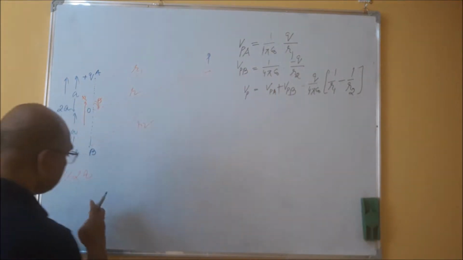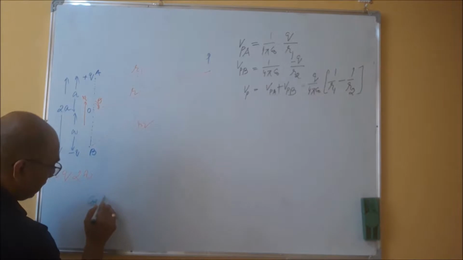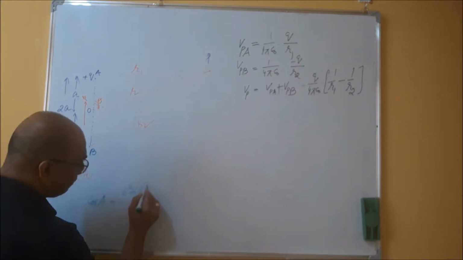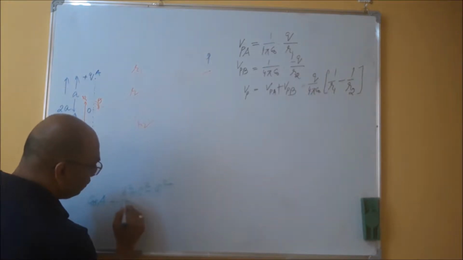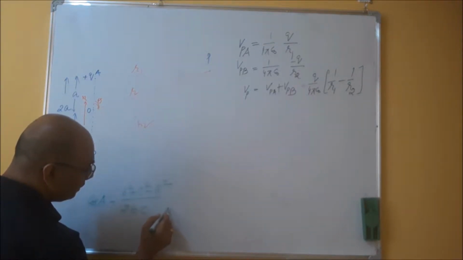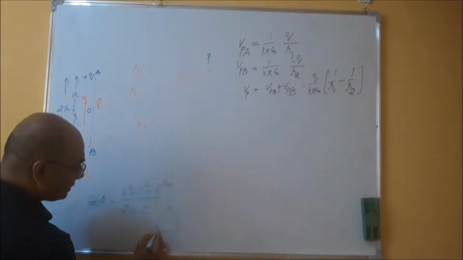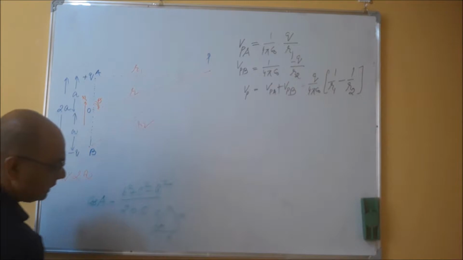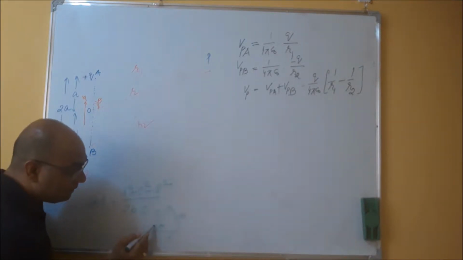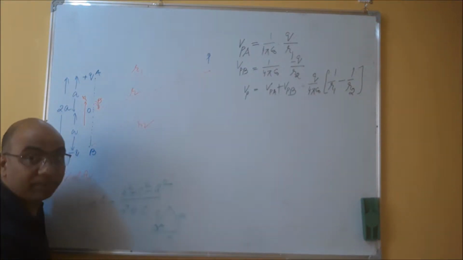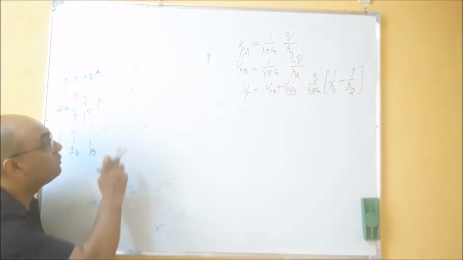that cos A is given by B square plus C square minus A square upon 2BC for any triangle. Suppose I am saying this is angle A, this is A, this is B, and this is C. So the angle between the sides B and C can be written by this formula. The same approach I am using here.